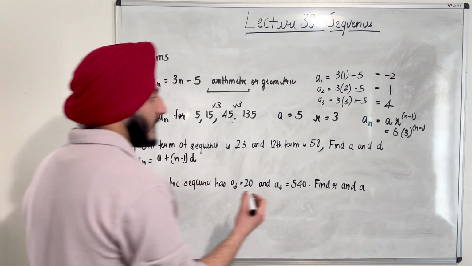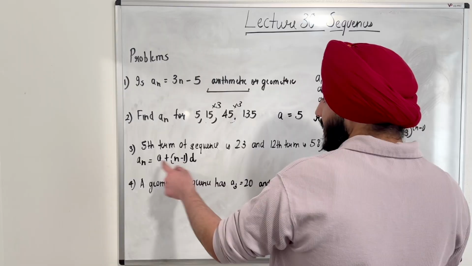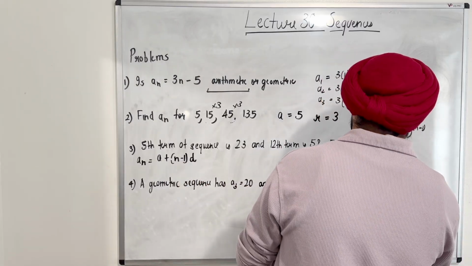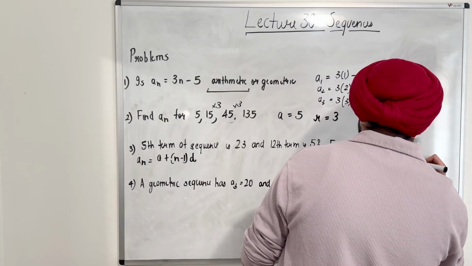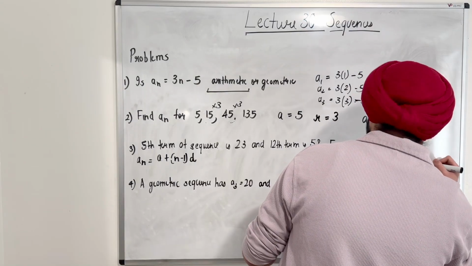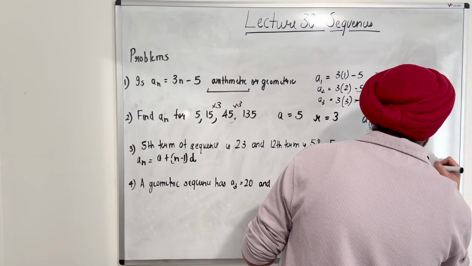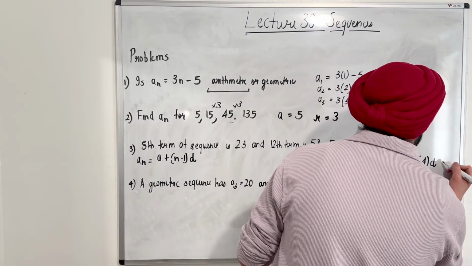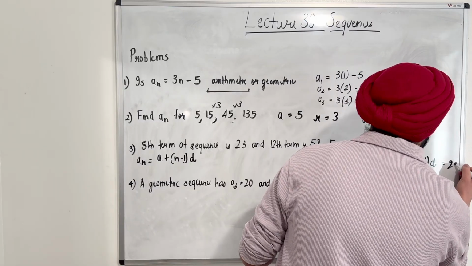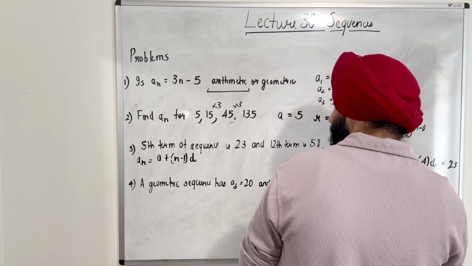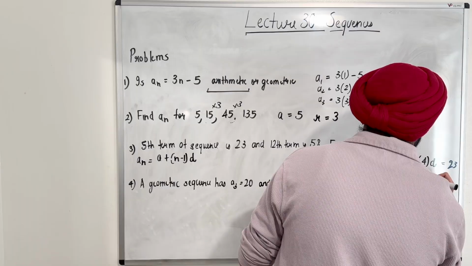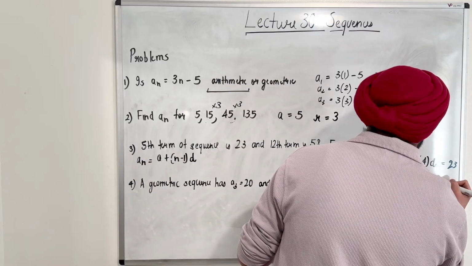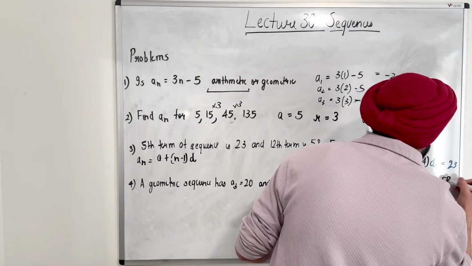If you look at this case, the fifth term is 23, so a5 is equal to a plus n minus 1, which is 4d, which is going to be 23, and a12 is going to be a plus 11d, which equals 58.